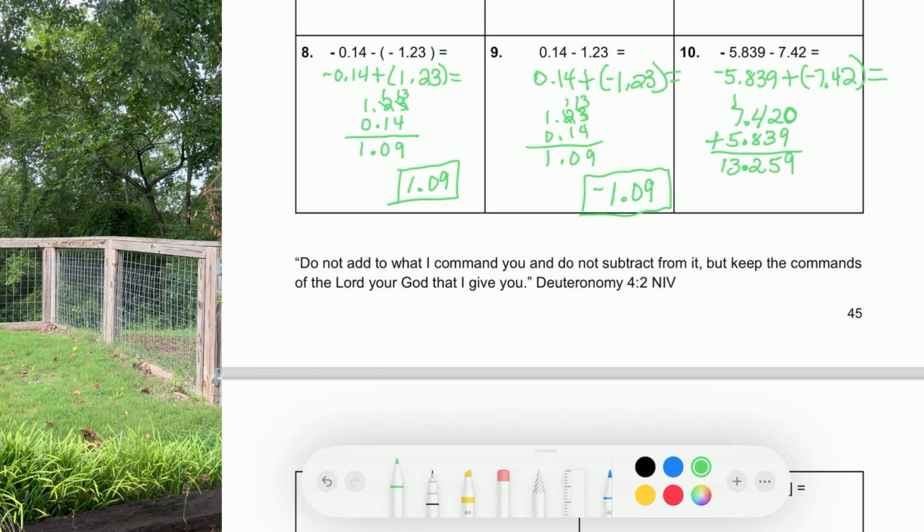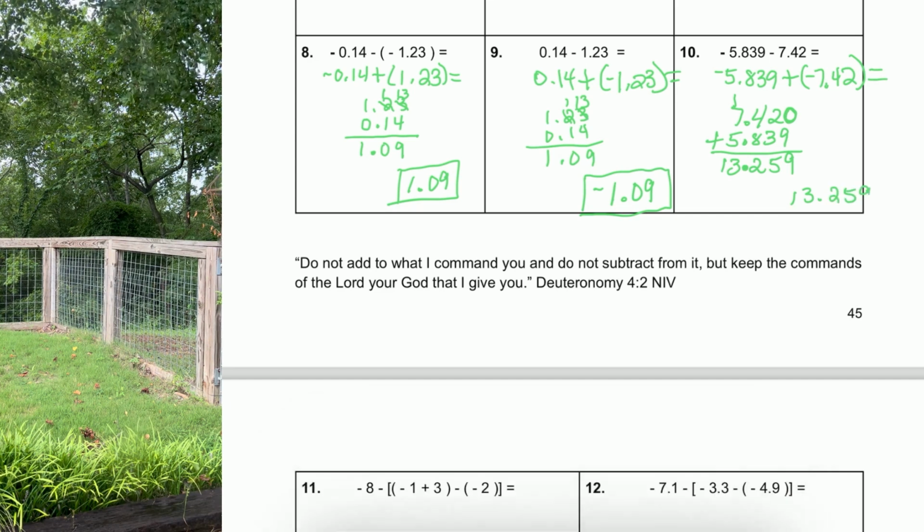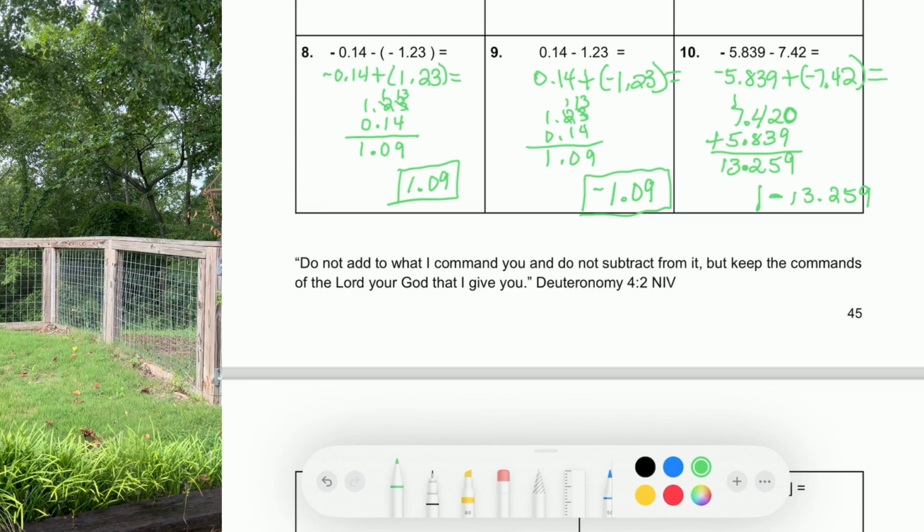Don't forget to bring my decimal straight down. So my answer is 13.259, but don't forget we have two negative numbers, so our answer is also going to be negative. And box it in.